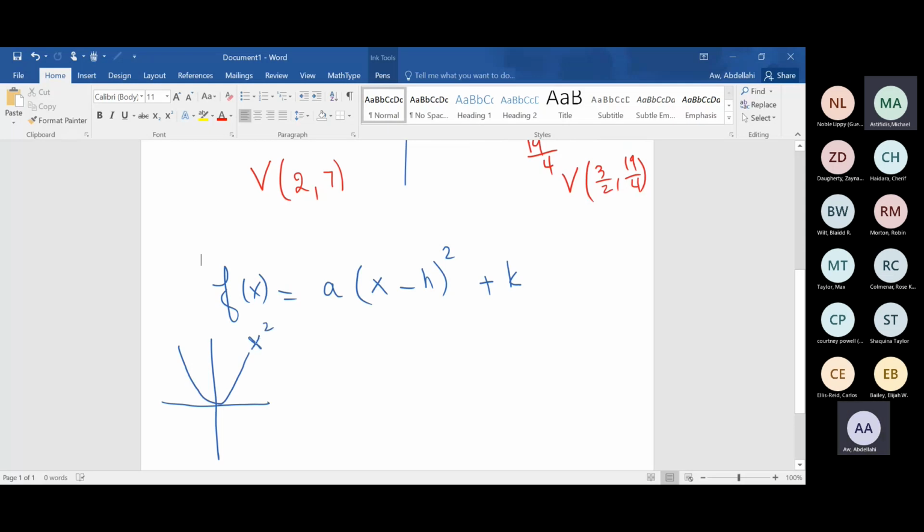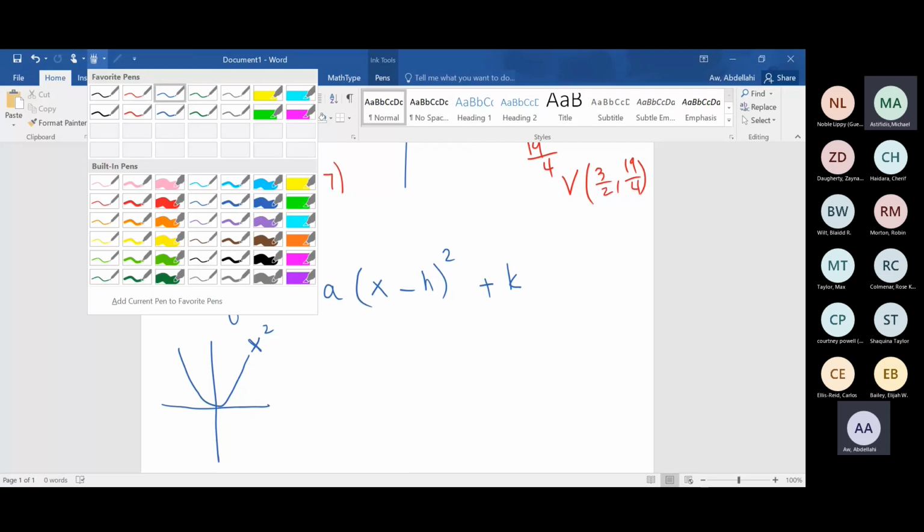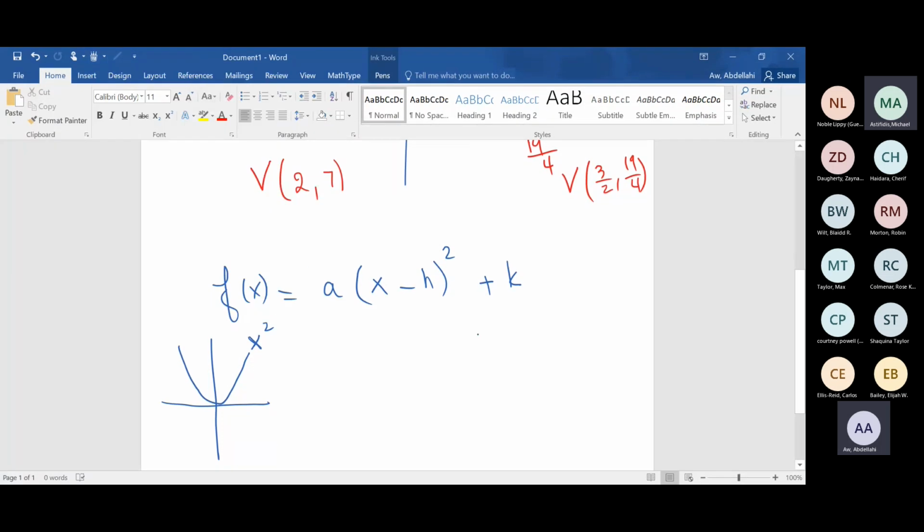The vertex is hk. The h tells me how much we go right or left, depending on whether the h is positive or negative, and the k tells me how much we go up or down.